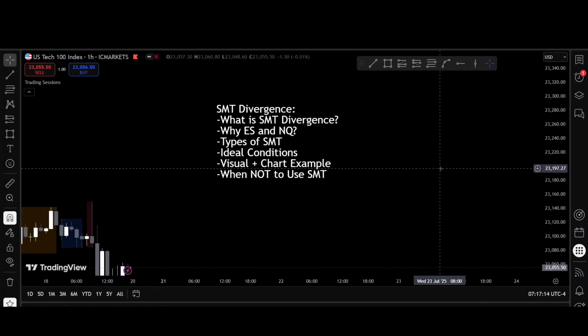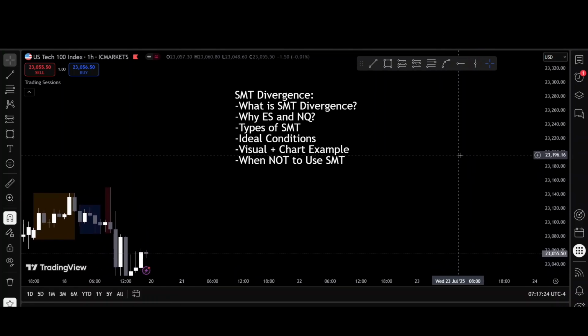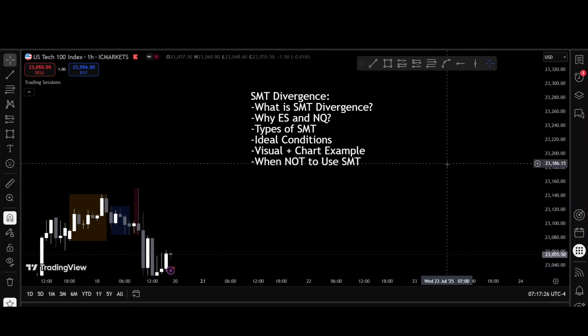You can also use YM, which I believe is the Dow Jones Index, but you can use the S&P 500, NASDAQ, and Dow Jones.